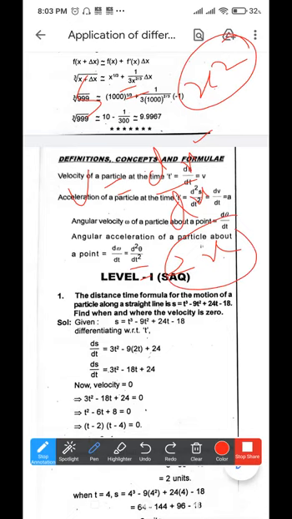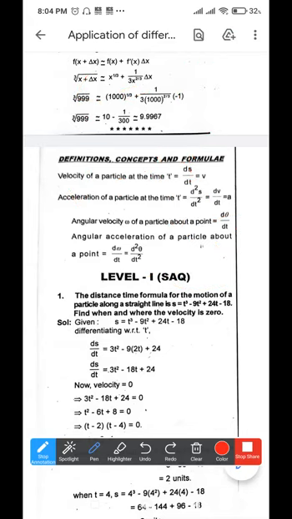If distance is 4, then velocity will also be 4. If distance is 9, then velocity will be 6, 6 meter per second, meter per hour, or whatever. Okay. So if distance is given to us, we need to find the velocity. How? By differentiating it with time.